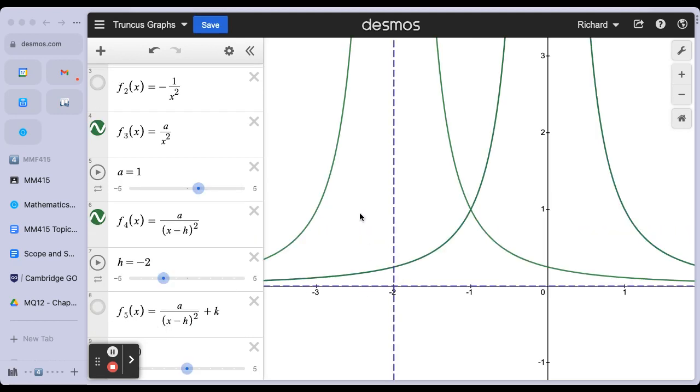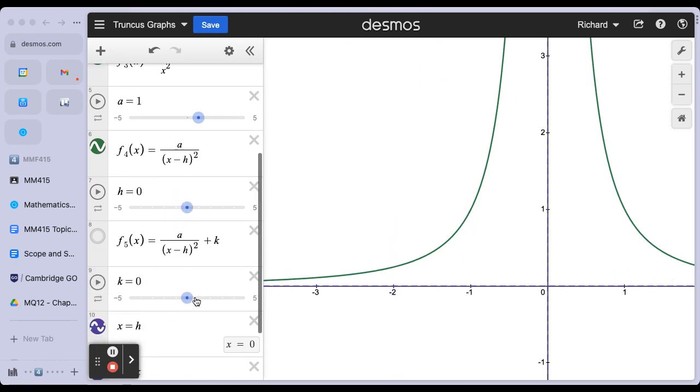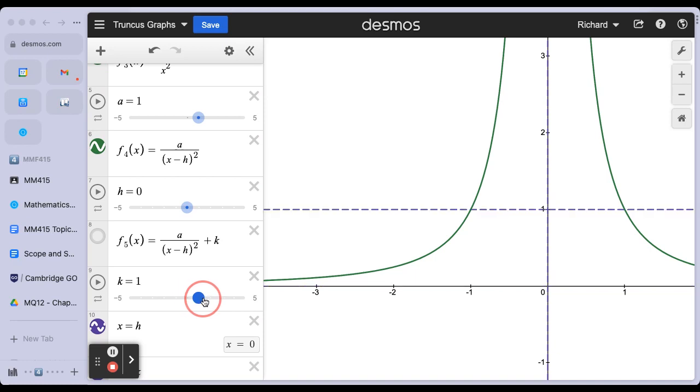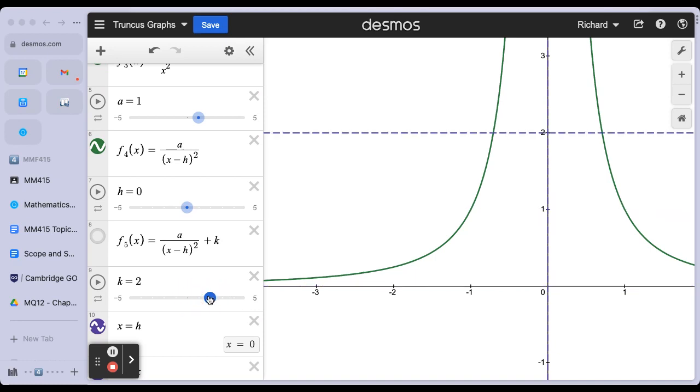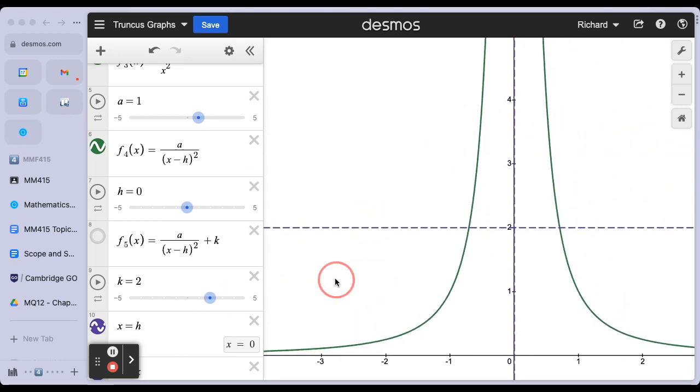Okay, halfway through me explaining stuff, I've started the video up. So the vertical translation happens the same way as well. If I look at k, if k is a positive value, the whole graph goes up. I've done something there.